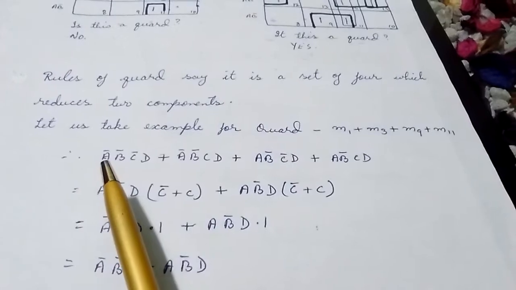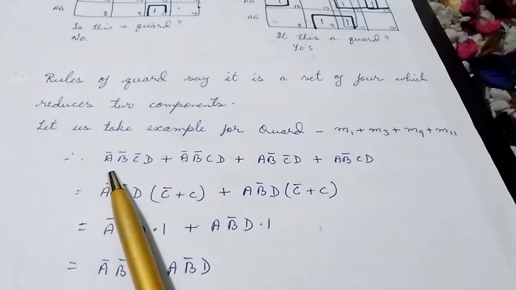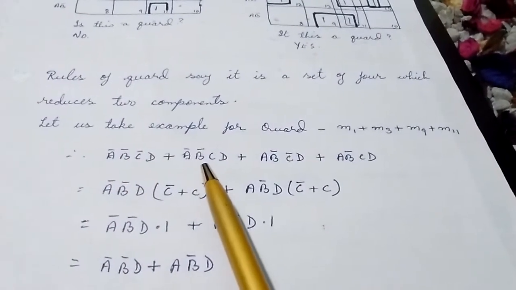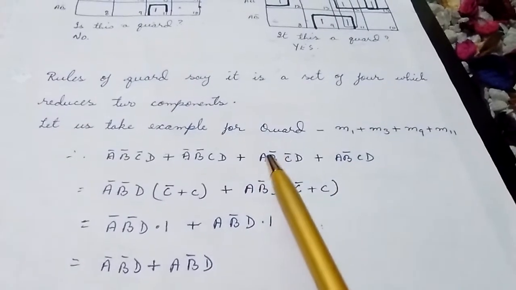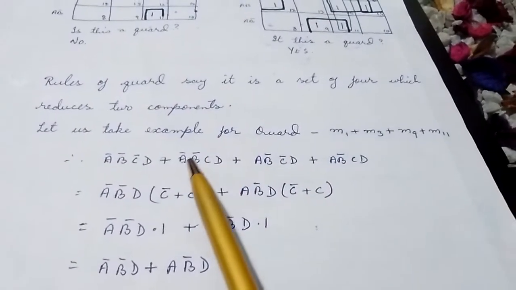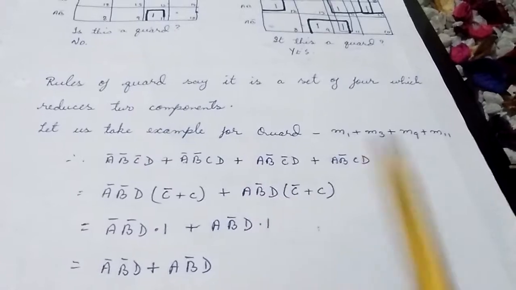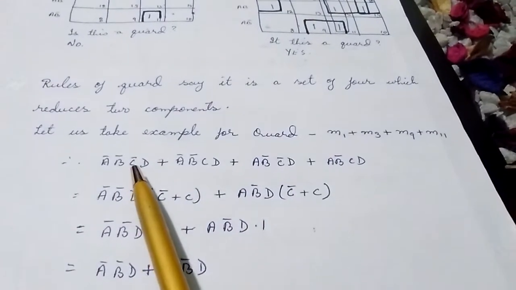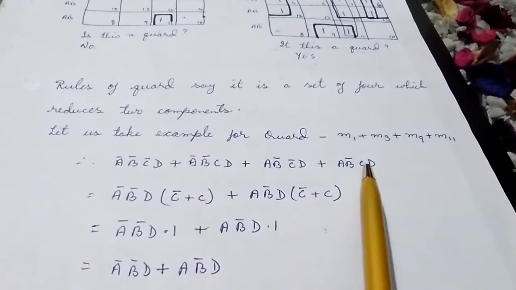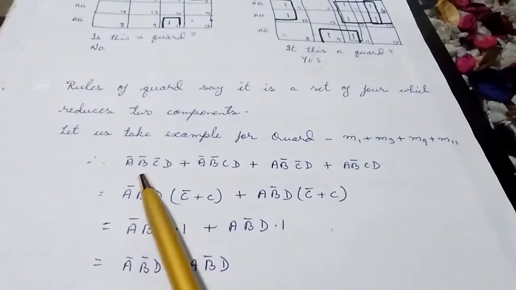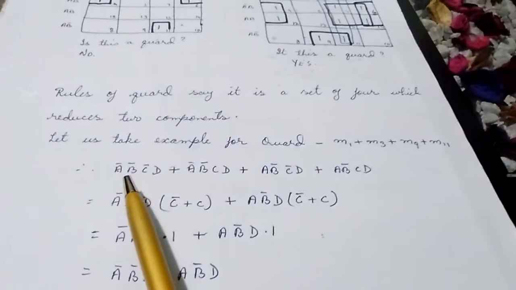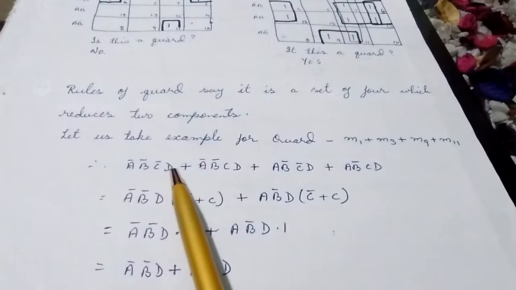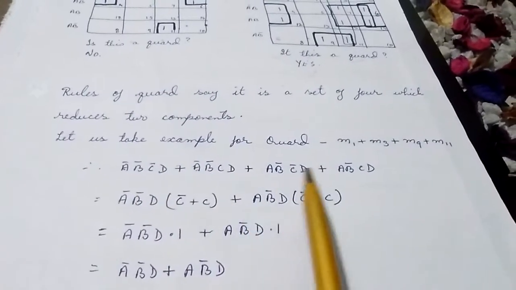We see that B bar is common, where A and A bar will cancel. Then the next changing component is C. C bar and C will also cancel. So we will get the answer B bar D, as B bar D is common in each.